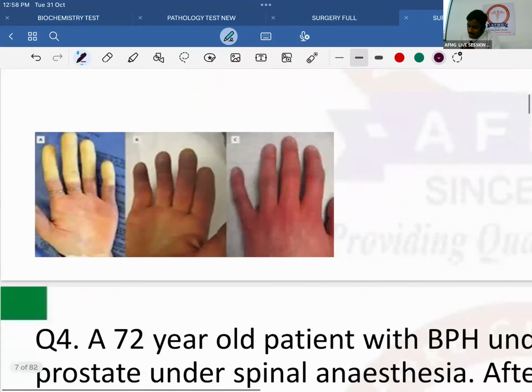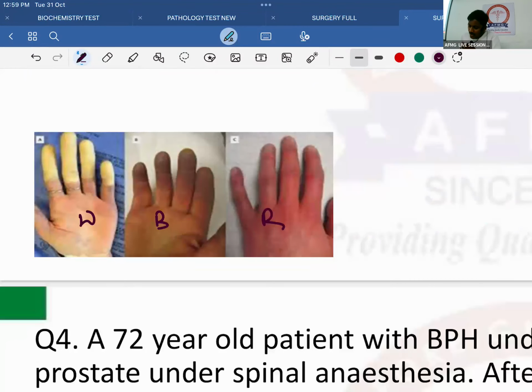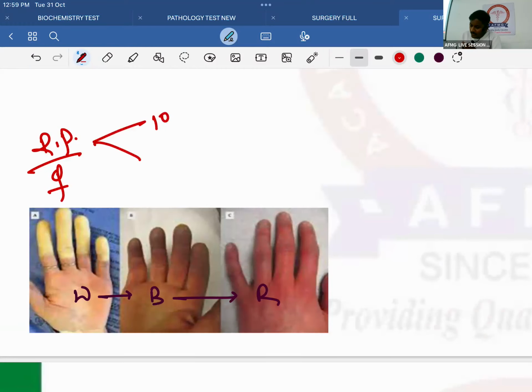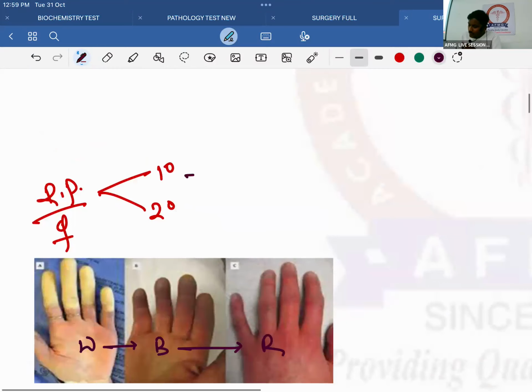This is the color changes seen in a patient of Raynaud's phenomena. White, blue, red. Raynaud's phenomena is more common in males or females? Females. Raynaud's phenomena can be primary and secondary. Primary Raynaud's phenomena is also known as Raynaud's disease. And what is the cause of primary Raynaud's phenomena? Idiopathic.